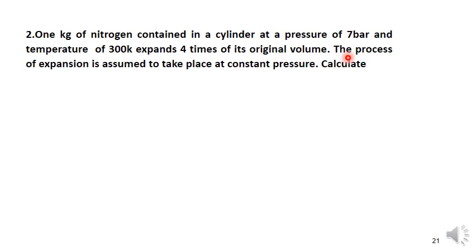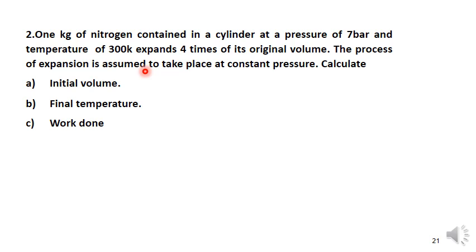The process of expansion is assumed to take place at constant pressure. Calculate initial volume, final temperature, work done, heat added. So first read the question carefully. The given condition is constant pressure.